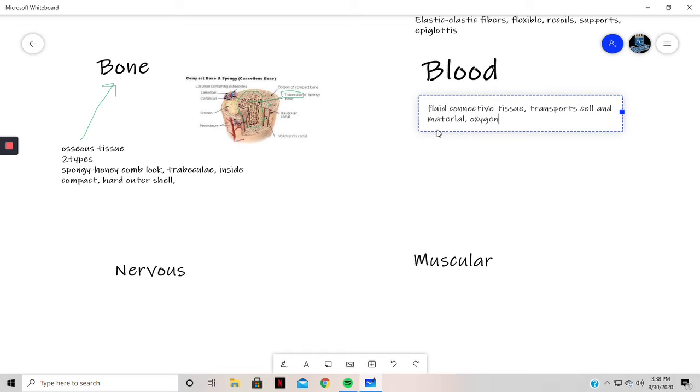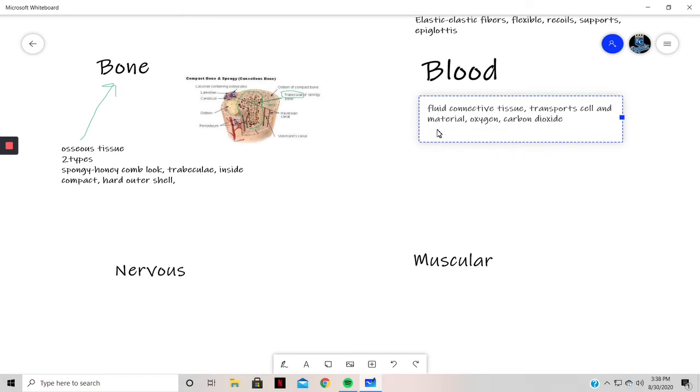I would have just done the symbol, but it's not going to make the two the way it needs to look, so I'll just spell it out. And carbon dioxide. Again, same thing. I would have just written the symbol, but it wouldn't make the two the way it needs to look.